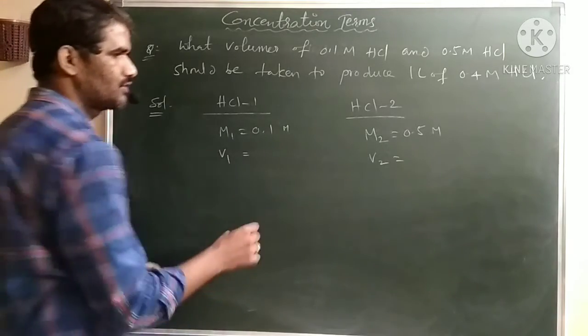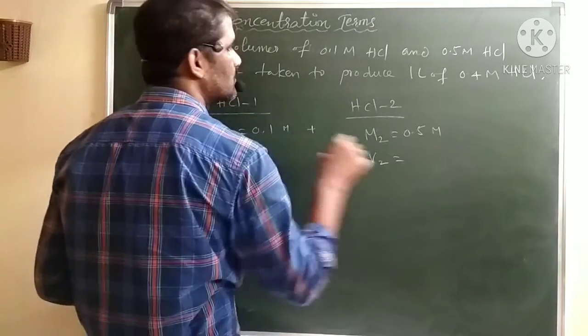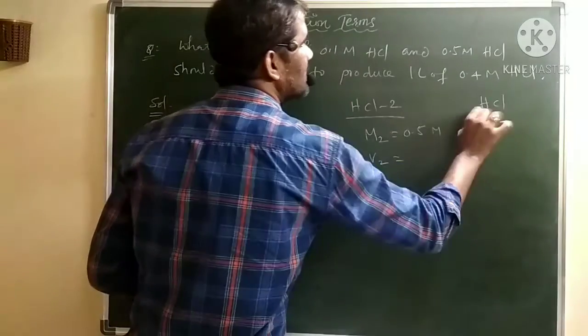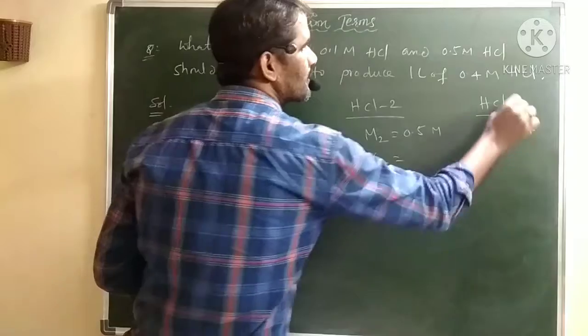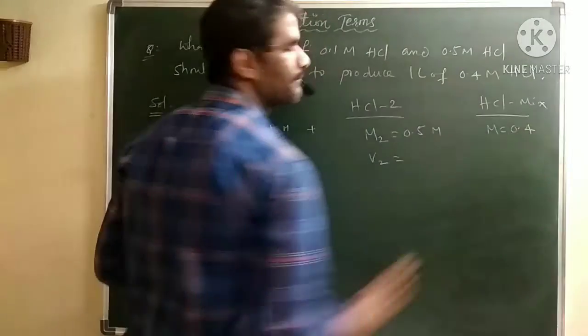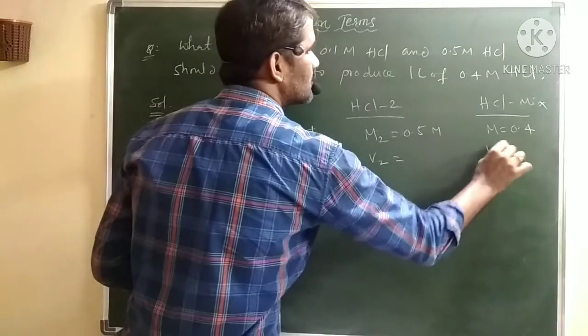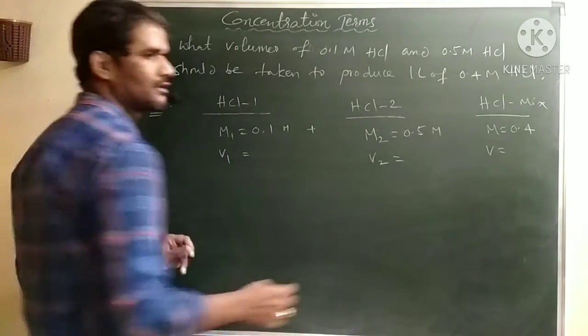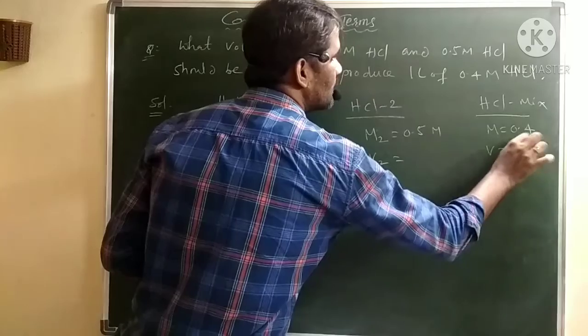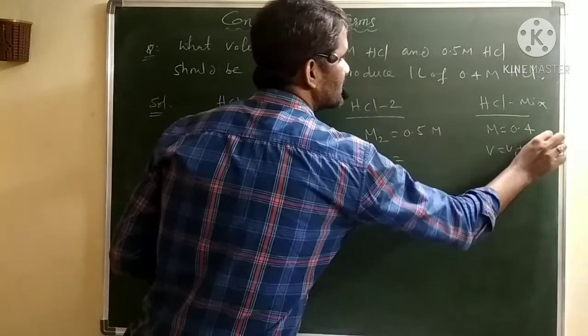If you mix these two we get the final HCl, and they give that the molarity is 0.4 molar for the mixture. The total volume is V equals V1 plus V2, that is 1 liter.